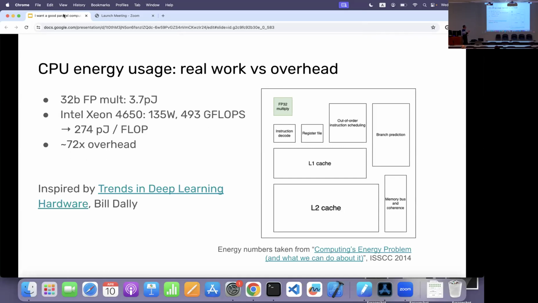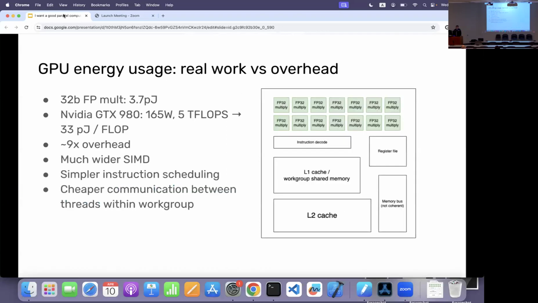I strongly recommend this particular part of the talk is inspired by a talk from Bill Dally late last year, Trends in Deep Learning Hardware, where he really goes into a lot more detail, especially the relative power consumption for things like multiplying versus reading a word from static RAM or going to RAM or something.